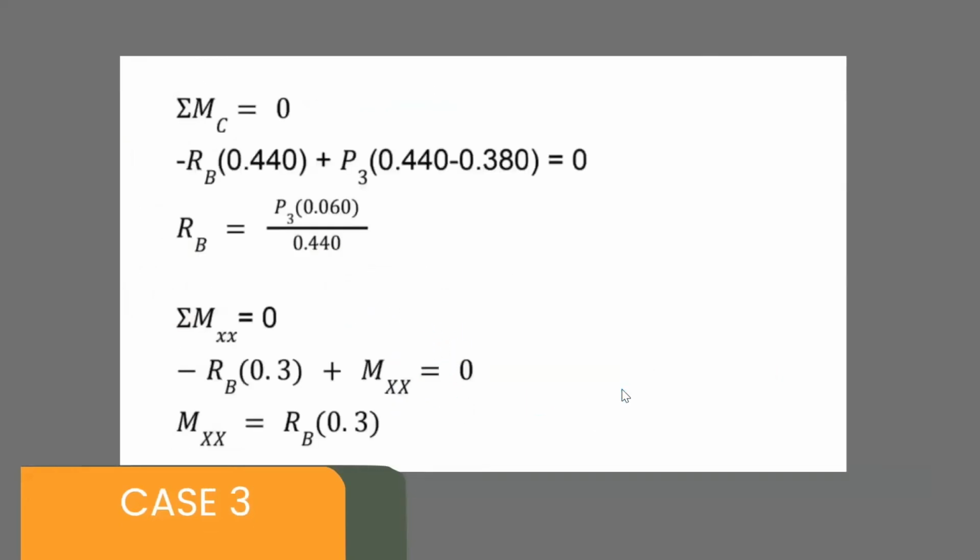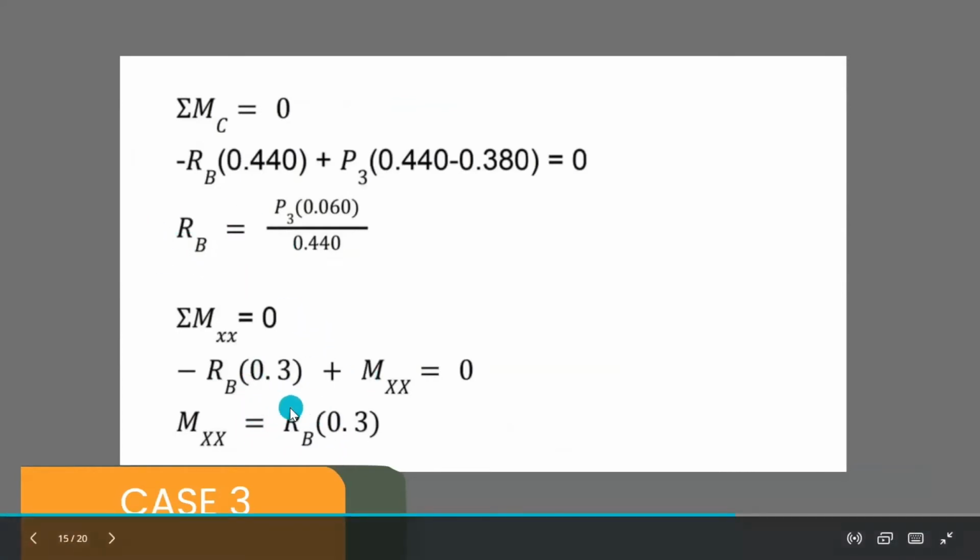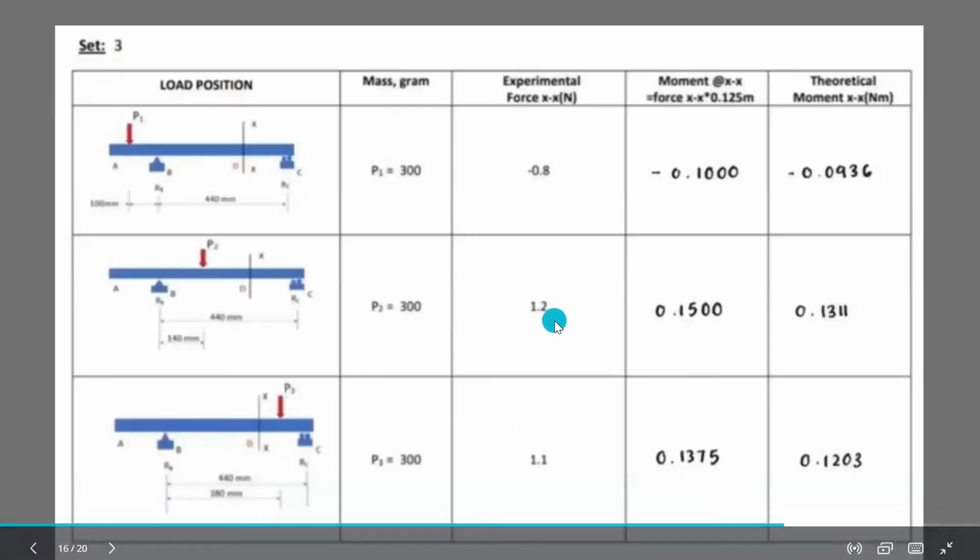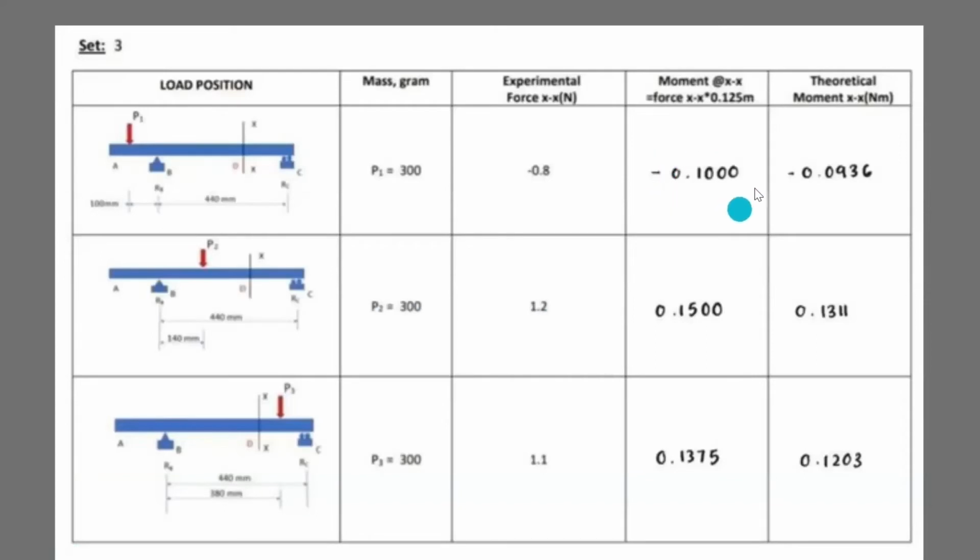For the third case, the same calculation will be carried out, where we will determine the reaction force at B, and then we will substitute the value of our RB into this equation to determine the moment at XX for the third case. Here will be the final of our data.